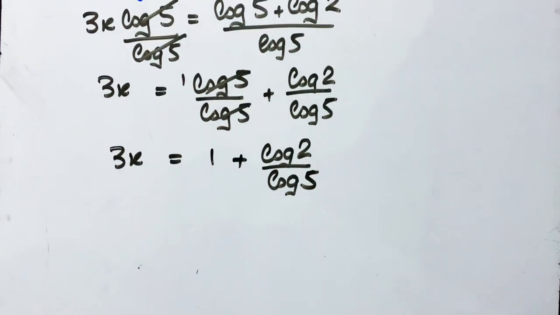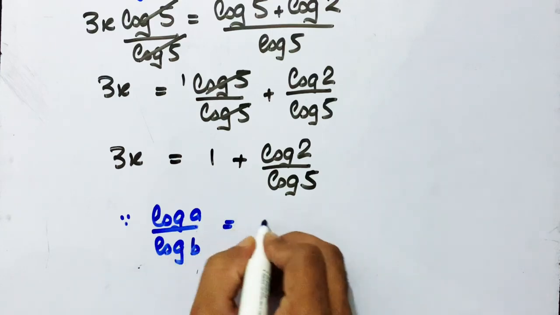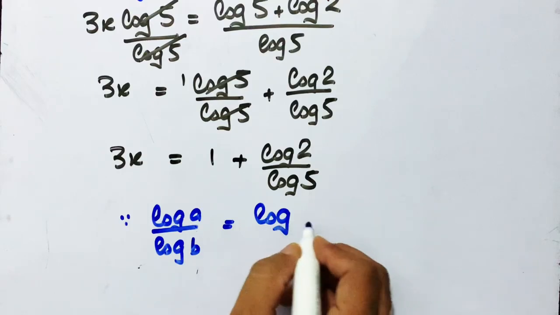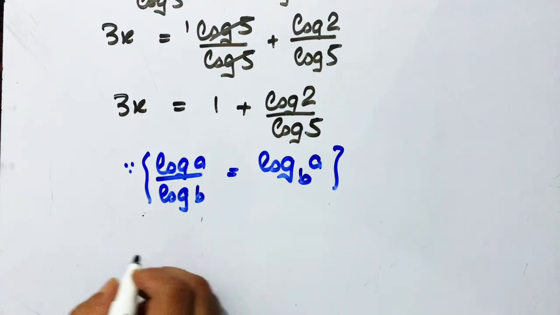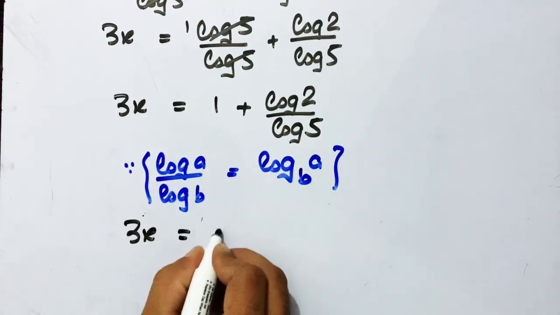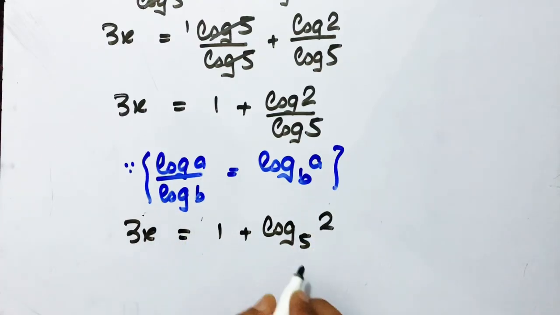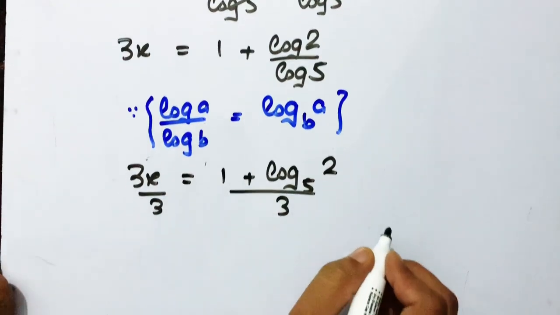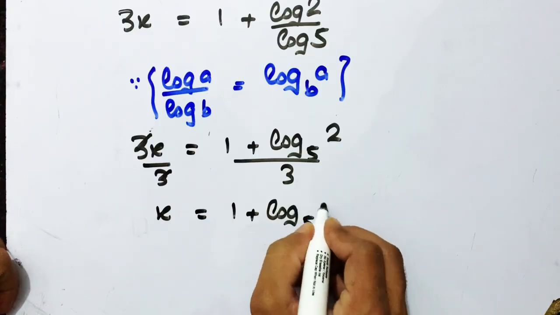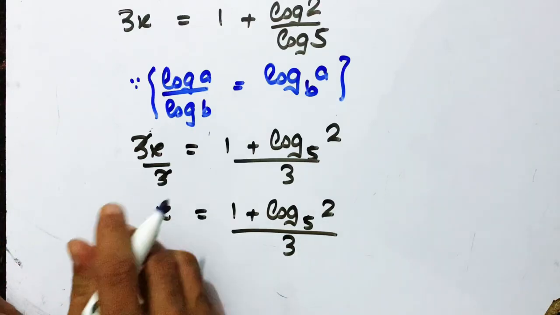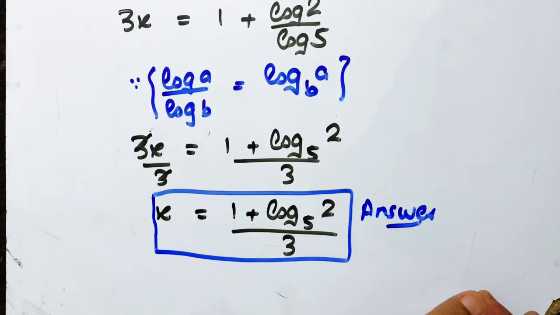Using the change of base formula, log of 2 divided by log of 5 is log base 5 of 2. So 3x equals 1 plus log base 5 of 2, and dividing by 3 on both sides, x equals (1 plus log base 5 of 2) divided by 3. This is our final answer.